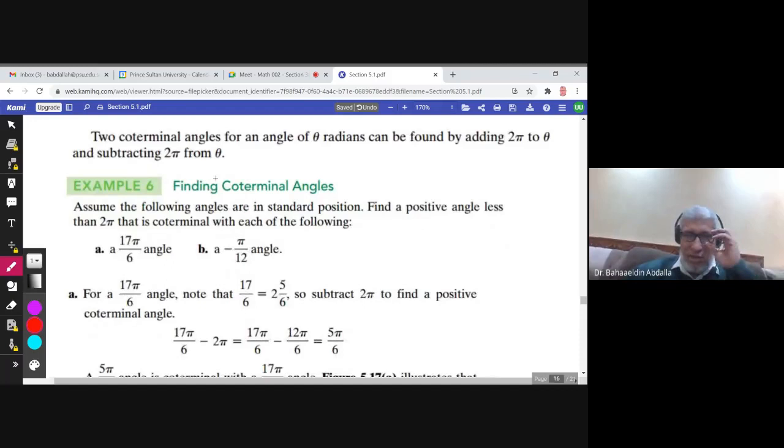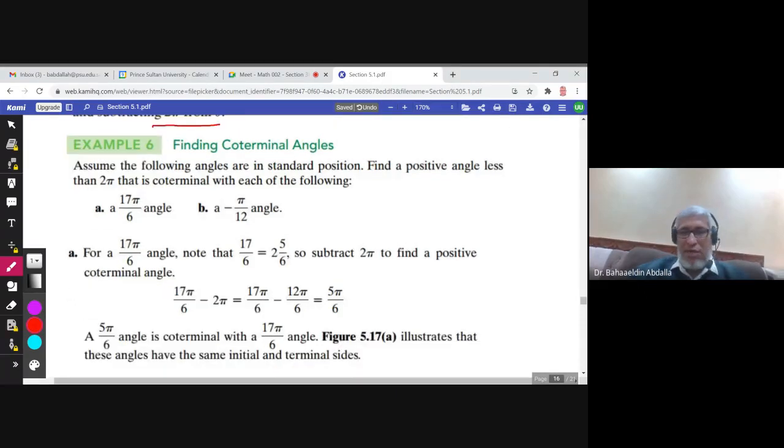Okay, if you want to find two coterminal angles for an angle theta, you add 2 pi, you get one of them, and you subtract 2 pi from theta, you get the other one. But here, let us see, what is he asking about? Assume that all angles are in standard position. Find a positive angle.